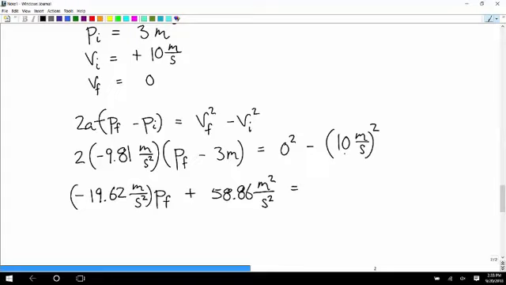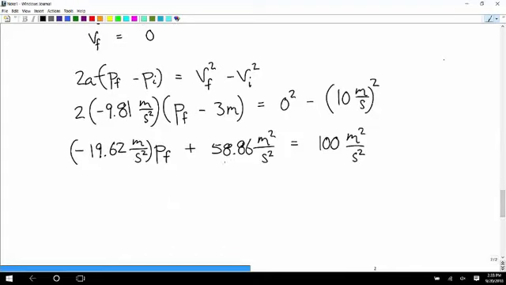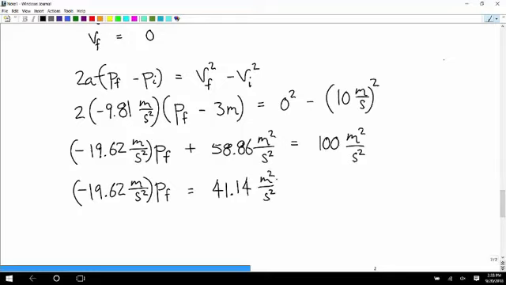And that's equal to, so you're going to square everything in the parentheses. So that's 100 meters squared per second squared. And now you can subtract 58.86 meters squared per second squared from both sides. And you get negative 19.62 meters per second squared times P final is equal to 41.14 meters squared per second squared.